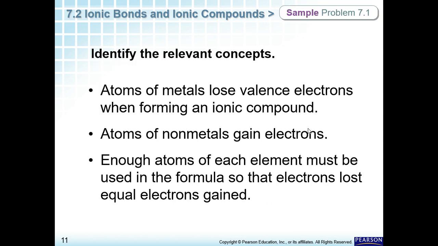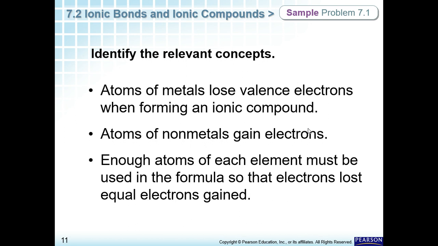Before we start doing a couple examples, I want to go back over some relevant concepts. Remember, atoms of metals tend to lose valence electrons, nonmetals tend to gain, and then there has to be enough of each element so that their formula is going to be neutral.